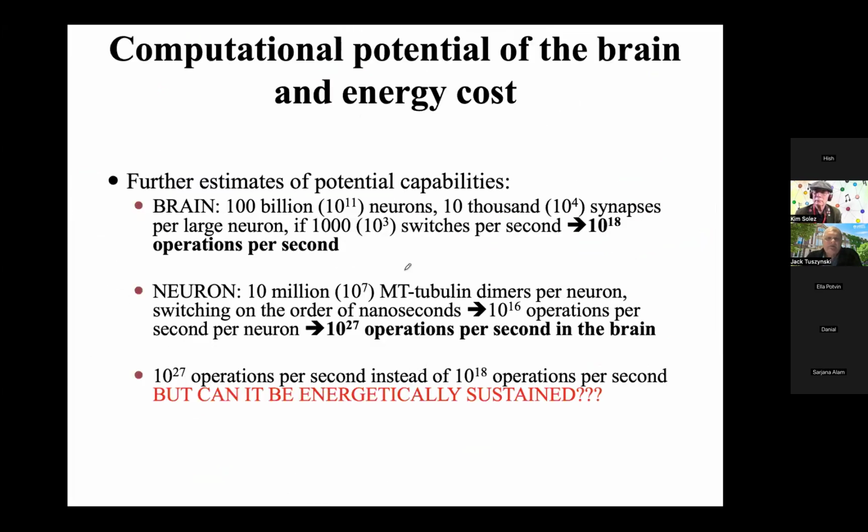Now I did some more realistic estimates of this number of operations based on somewhat more realistic assumptions, and you still get the number of operations per second could be, you know, something like this, or even higher.